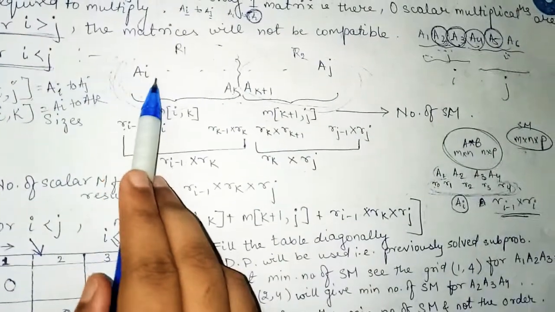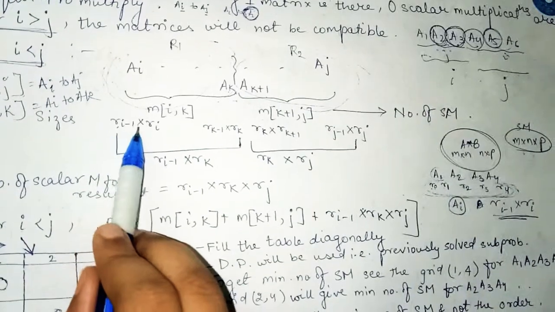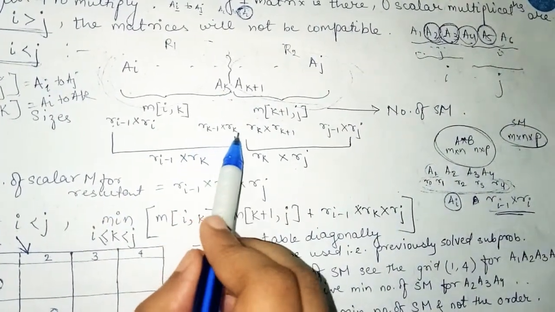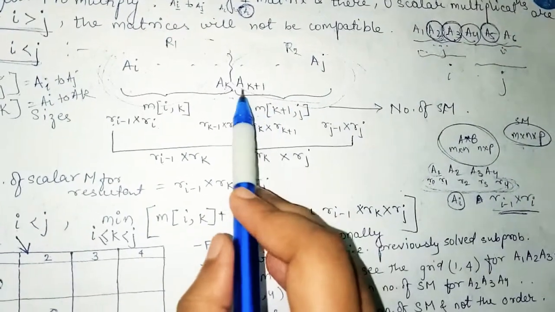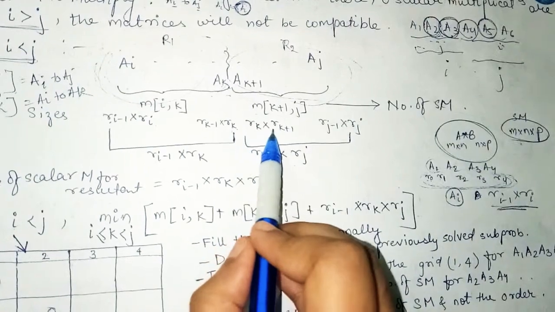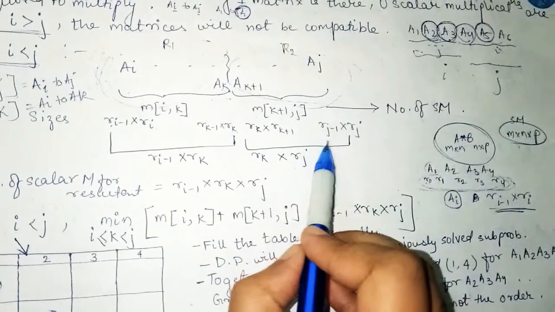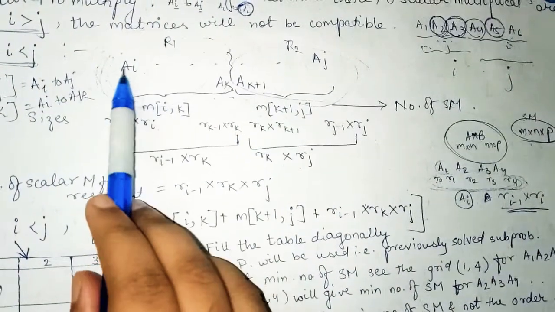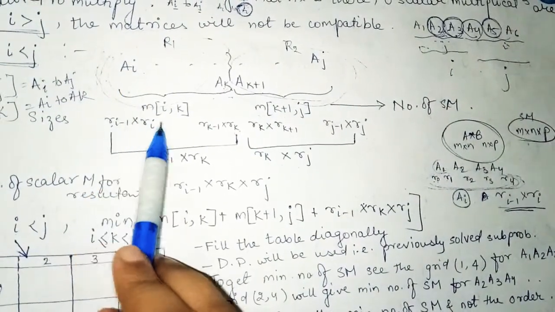So Ai will have r(i-1) cross ri and Ak will have r(k-1) cross rk. Similarly, Ak+1 will have rk cross r(k+1) and Aj will have r(j-1) cross rj. So these are the sizes.